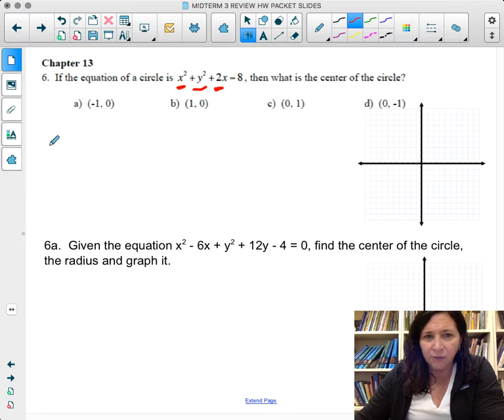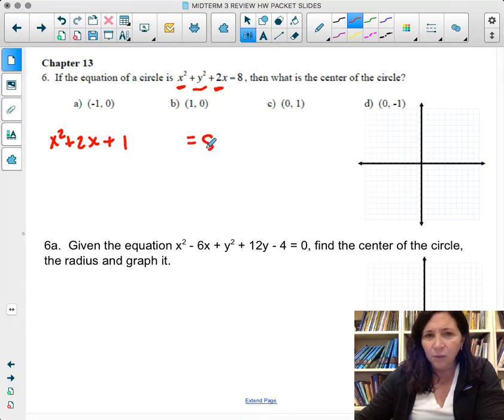So what I'm going to do is rearrange it, rewrite it. So I have x squared plus 2x. Now to complete the square, because you have part of it, you have to finish this to make this a perfect square. You take half of the b term. So you're going to take half of 2, which is 1, square that, and that's 1. And please remember that because this is an equation, whatever you do to one side, you do have to do to the other.